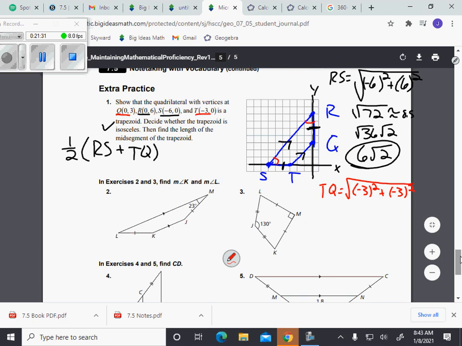Okay, and we're going to get the square root of 9 plus 9, or the square root of 18. We can simplify this into the square root of 9 times the square root of 2, which is equal to 3 square root of 2.